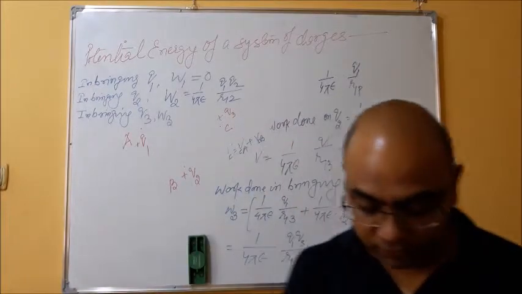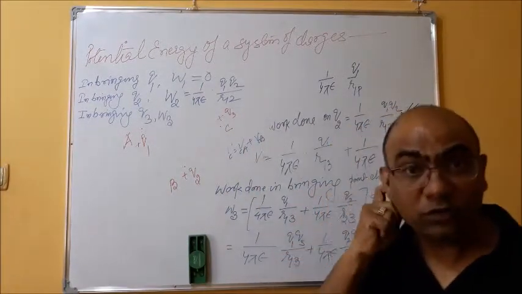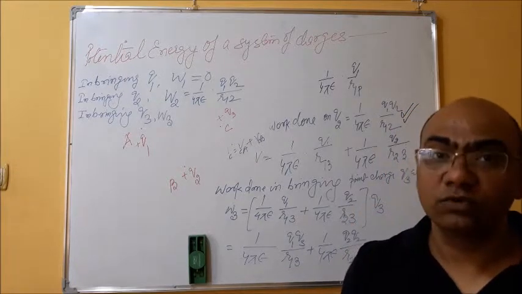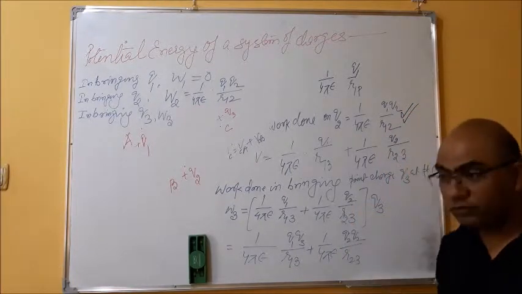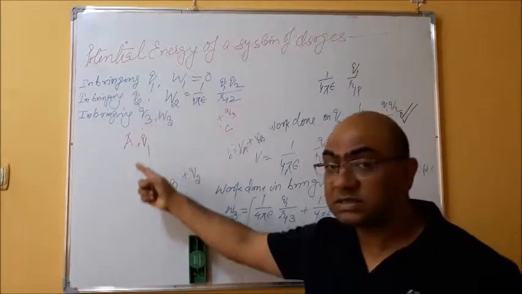So we have the value of work done in bringing Q1, then bringing Q2 and finally bringing Q3. So what would be the total work done in making this system?